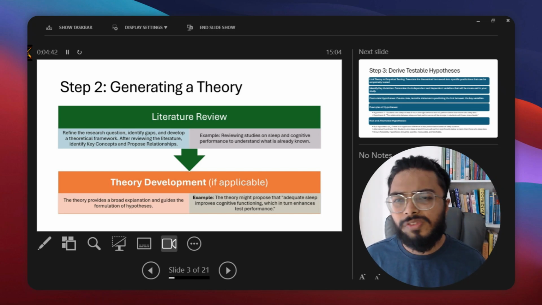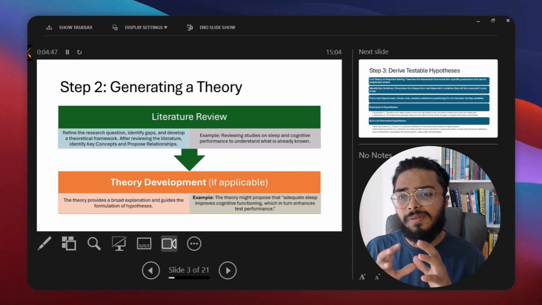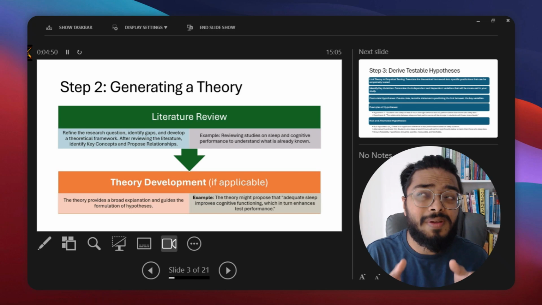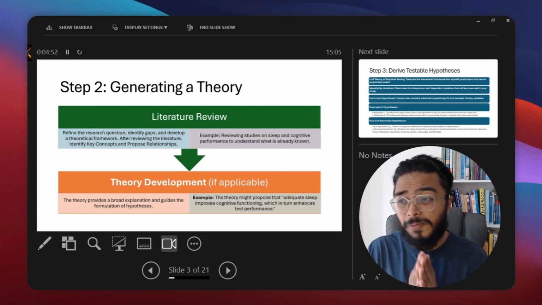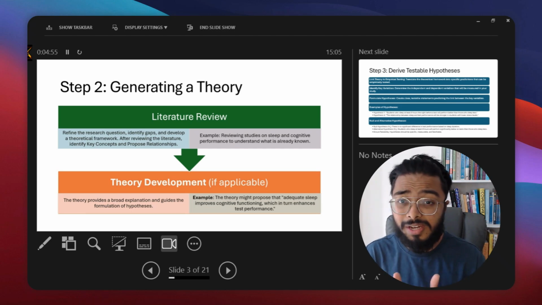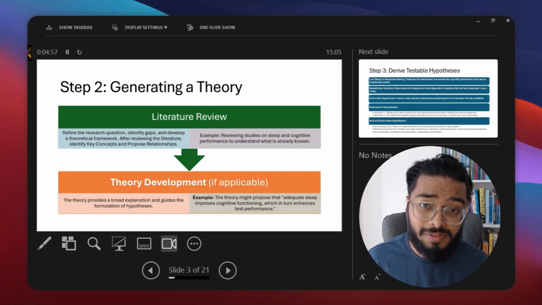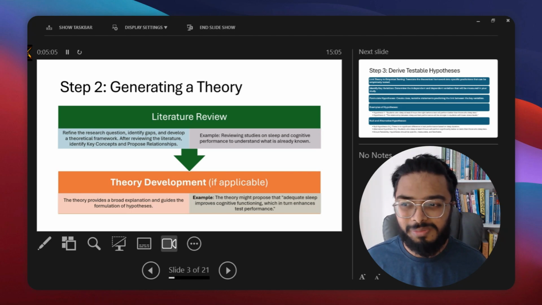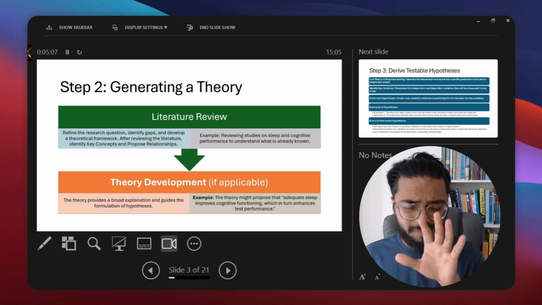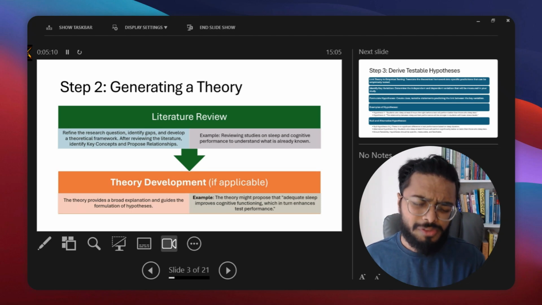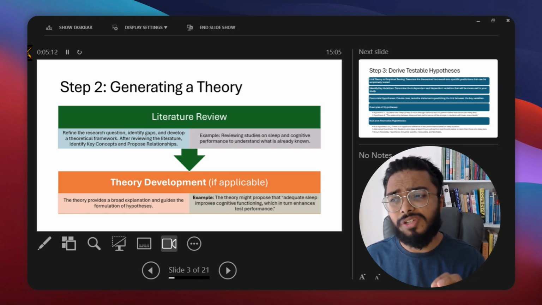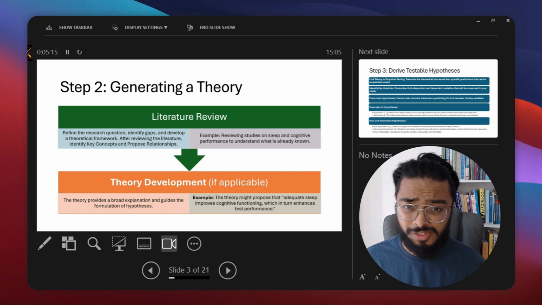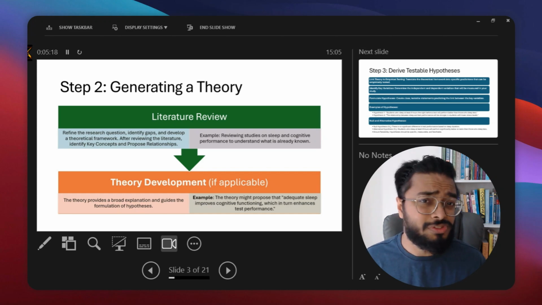And once you read a sufficient number of those papers, you'll probably refine your research question to be even more specific, and you'll be able to identify the gaps and develop a solid theoretical understanding of what you are observing or what you are going to explore. This will also give you a very strong foundation to identify key concepts and propose relationships between them.